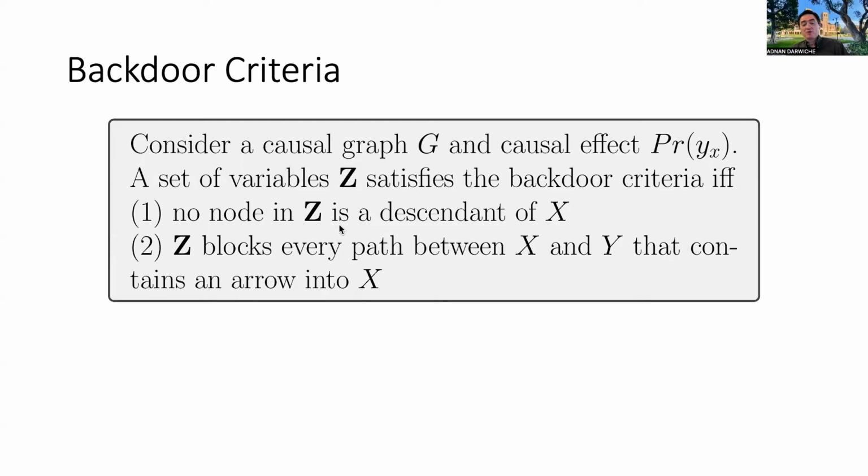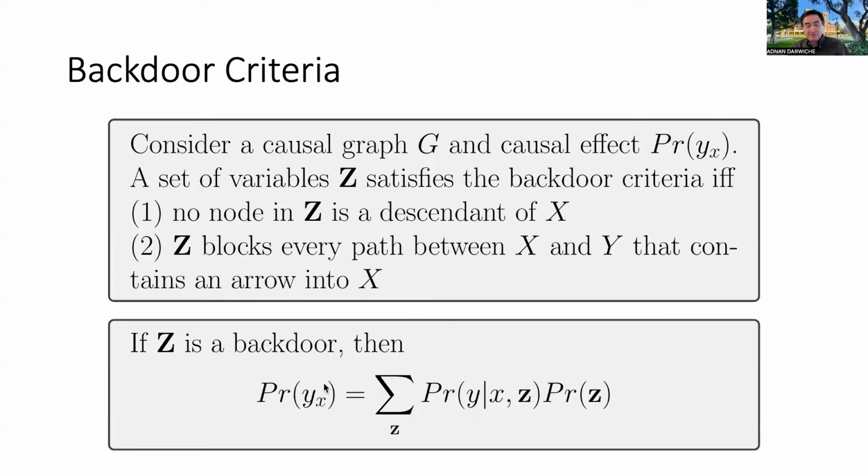Now we're going to go over the two conditions on Z that earn the name backdoor. But before we do that, if you have found a set of variables Z that satisfy these two conditions, and therefore it is called a backdoor, then you can express the causal effect this way, by summing over the possible instantiations of the backdoor variables.